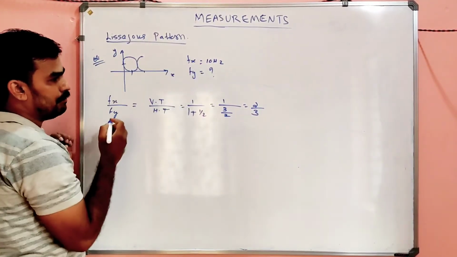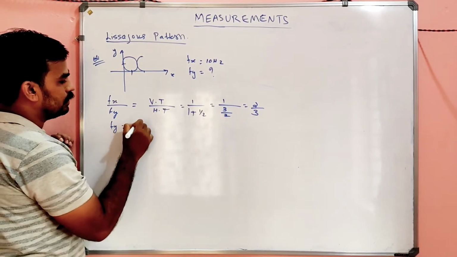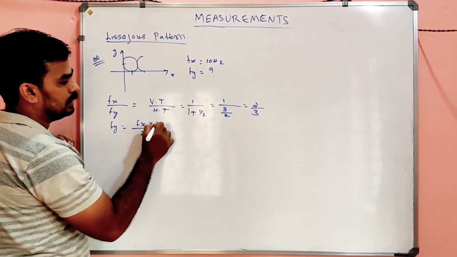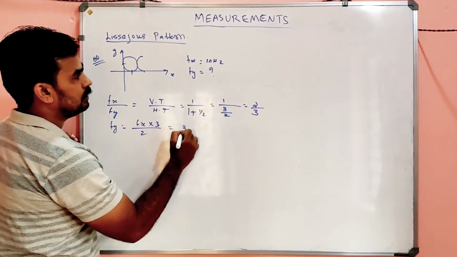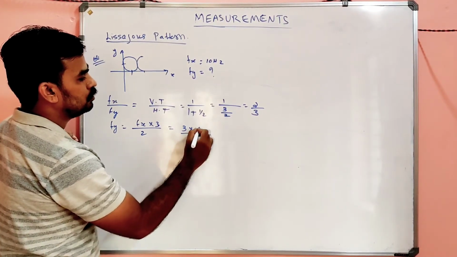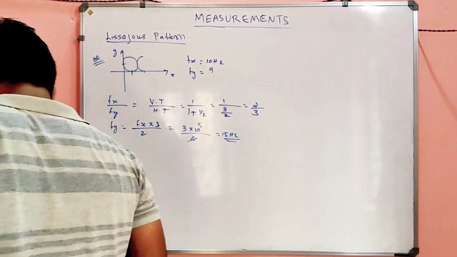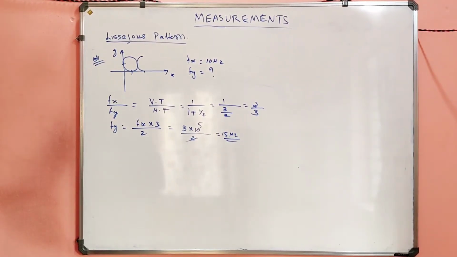So you already have fx. So fy will be fx divided by 2 into 3, that is 3 into 10 divided by 2. So it will be 15 hertz. So fy will be 15 hertz.